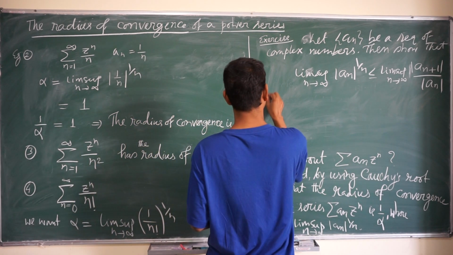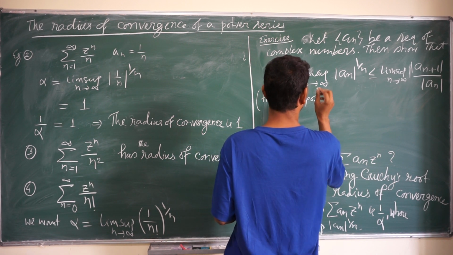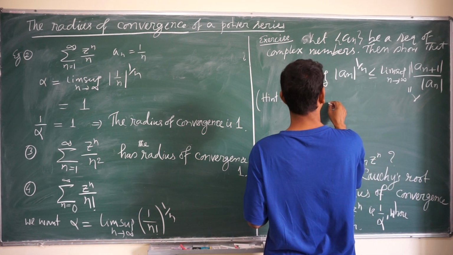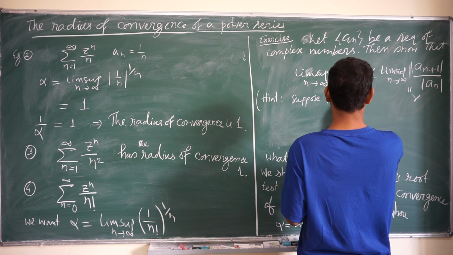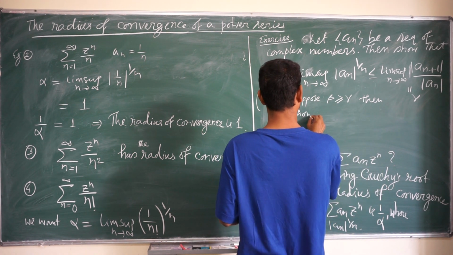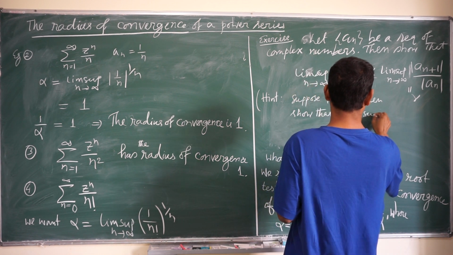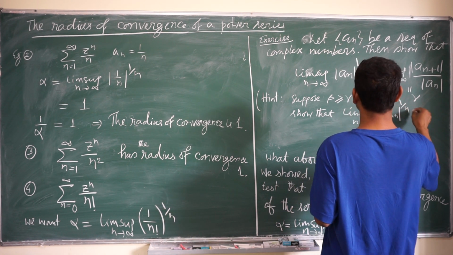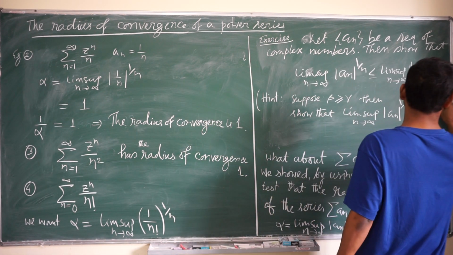So, hint: suppose this is gamma, suppose beta is greater than or equal to gamma, any positive number, then lim sup as n tends to infinity of |a_n|^(1/n) is less than or equal to beta for any arbitrary beta which is greater than or equal to gamma.